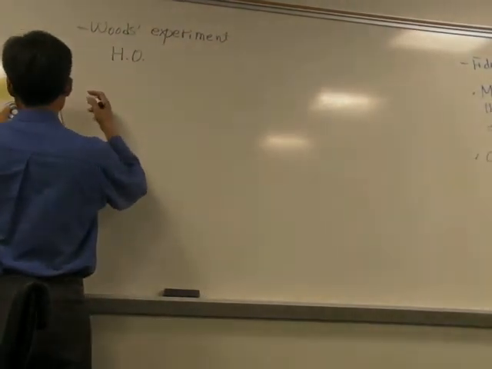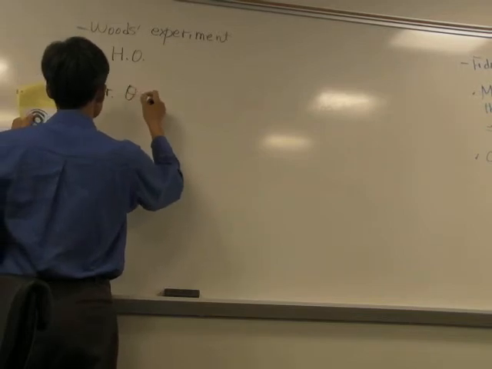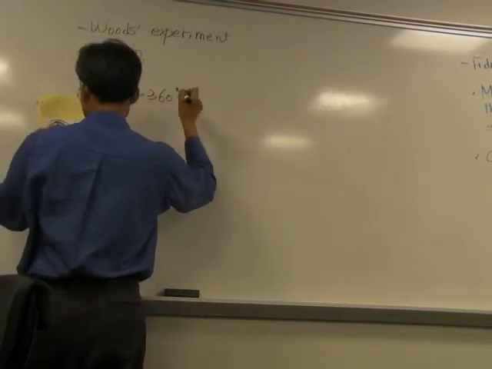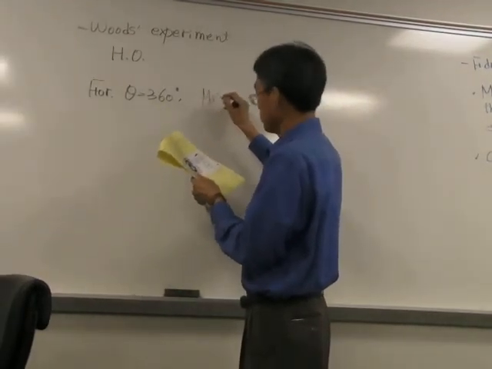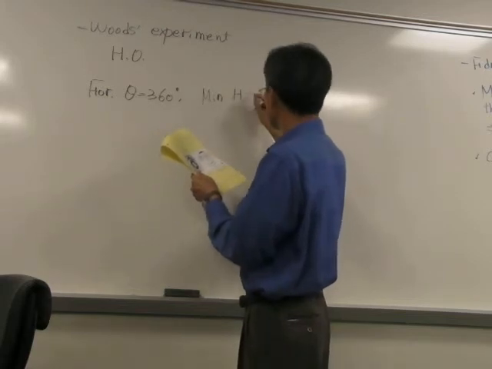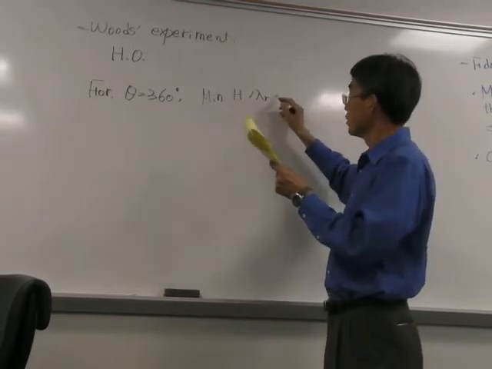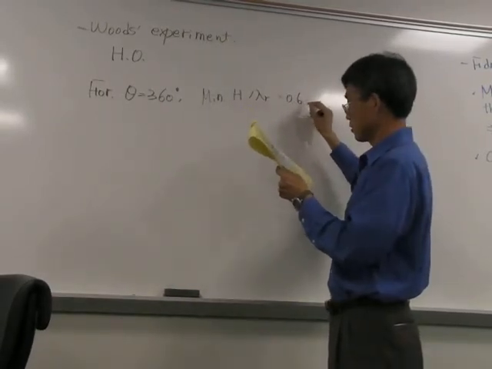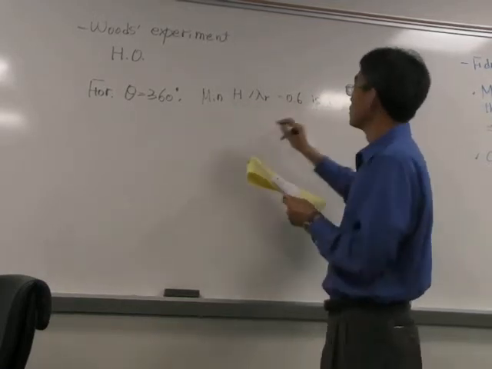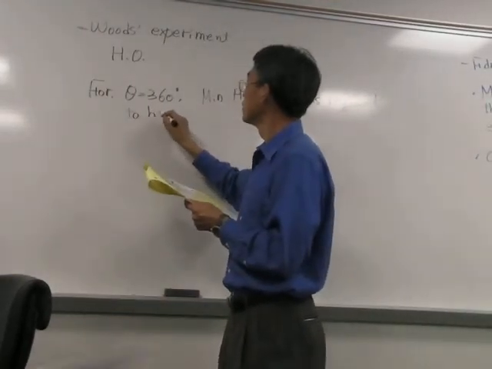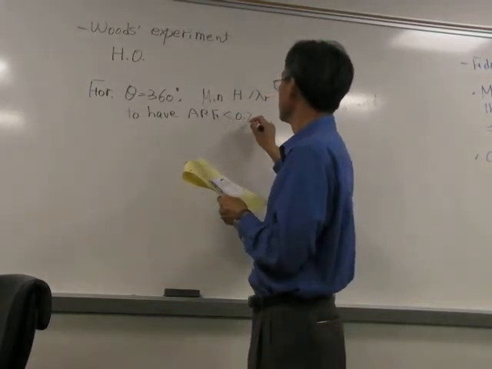For completely closed trenches, that means 360 degrees, he also said the minimum h over lambda r, minimum depth of the trench, of 0.6 is required to have ARF less than 0.25.